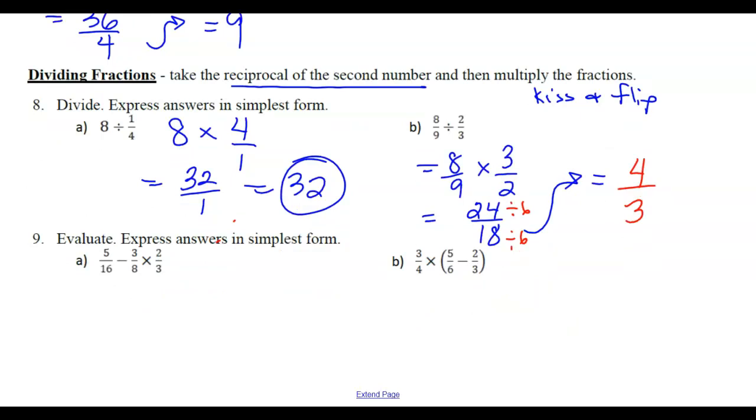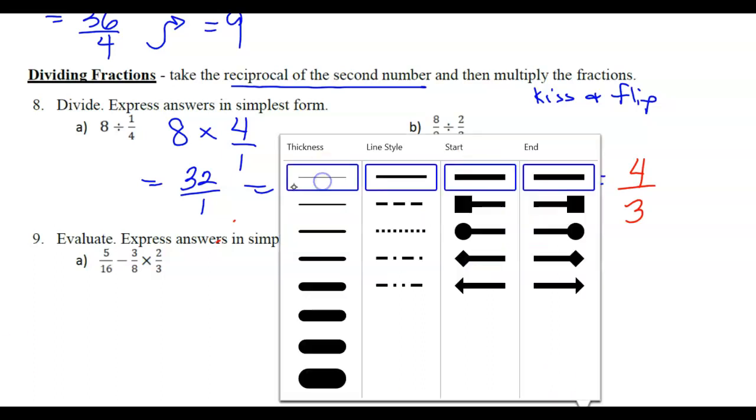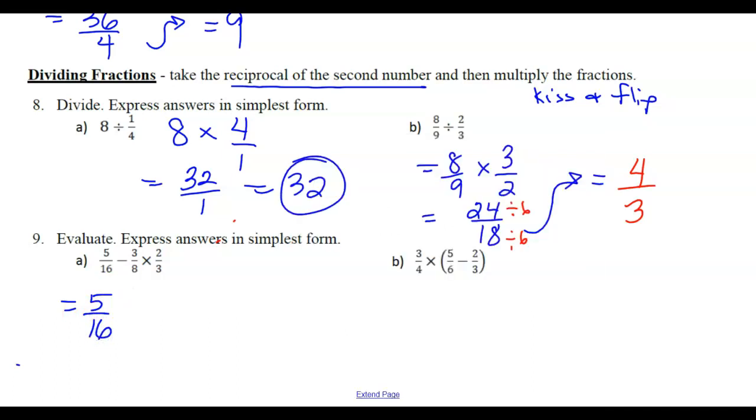And then the last one is order of operations with fractions. So take a look, I've got subtracting and multiplying. Got to do multiplying first. Everything else, all of the other terms, you just copy out. And now I'm going to show that 3/8.